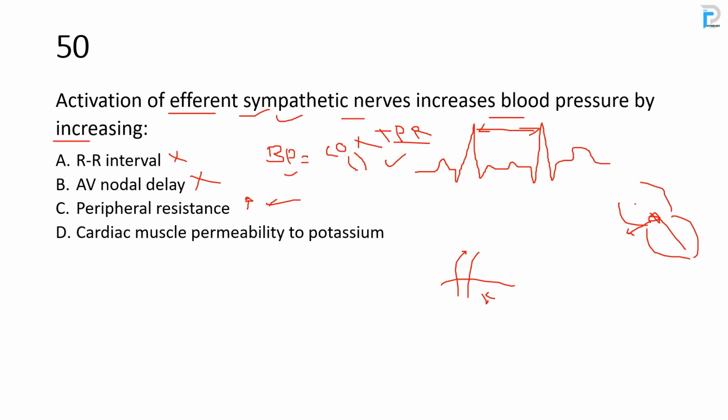If you bring potassium out, the cell hyperpolarizes. Hyperpolarization means we are getting far from the threshold for the action potential, and that will contribute to a decrease in heart rate. That is not what happens with sympathetic; that happens with parasympathetic. So the only correct action here for sympathetic is the increase in peripheral resistance, and that directly contributes to the increase in blood pressure based on the blood pressure equation.